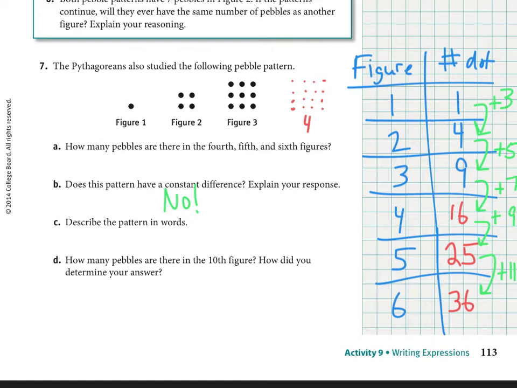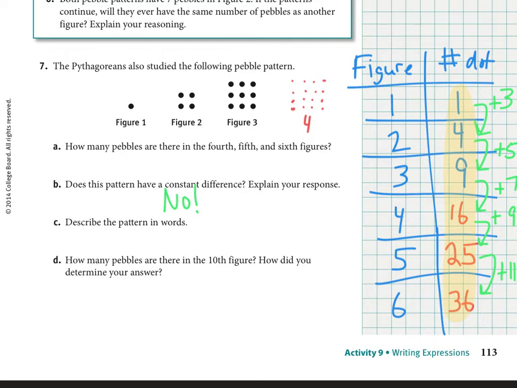There definitely appears to be a pattern there, right? 3, then 5, then add 7, then add 9, then add 11. So there's definitely a pattern. So what I think they want us to do in part C is describe the pattern in words.